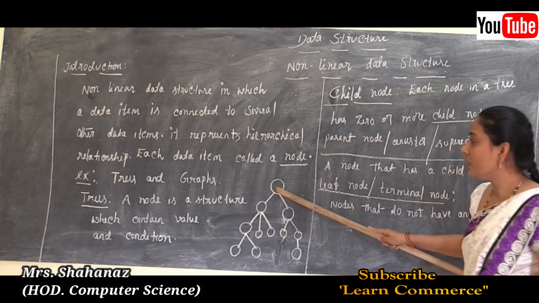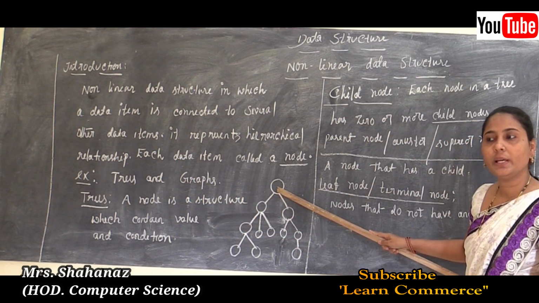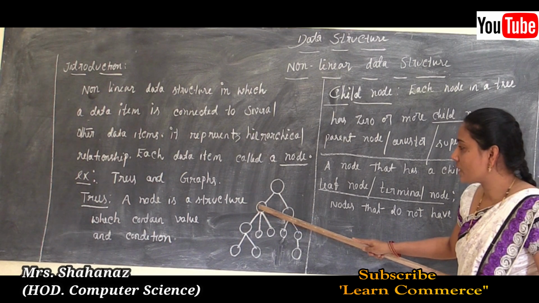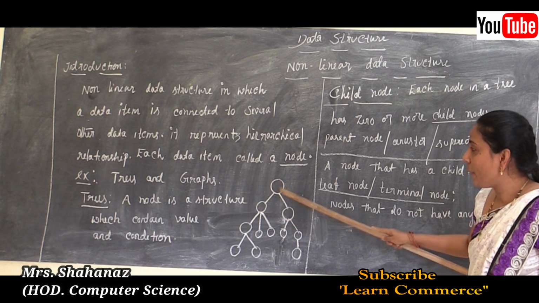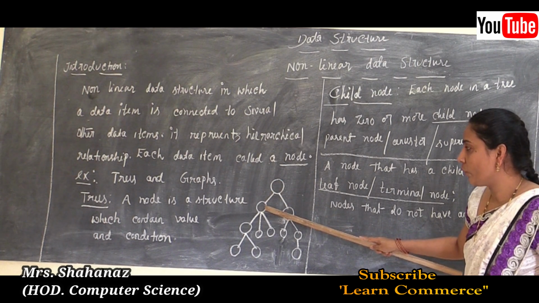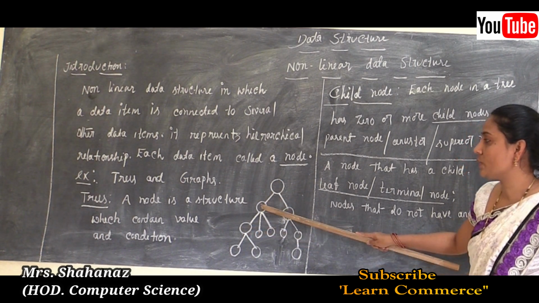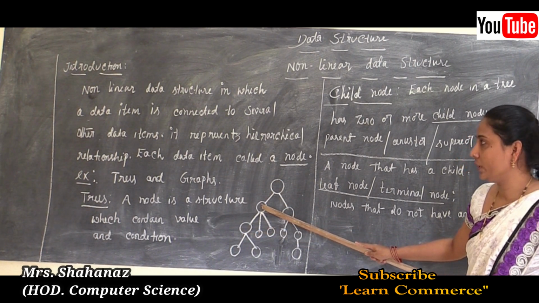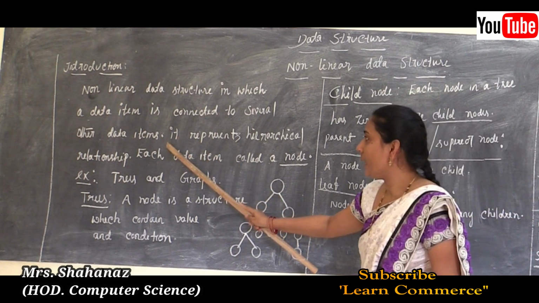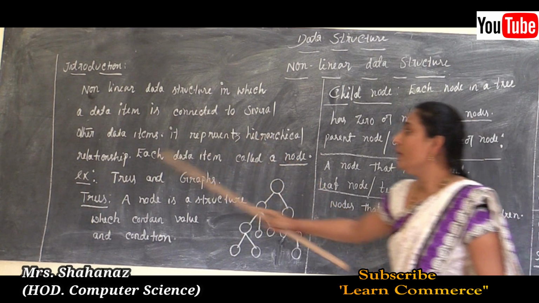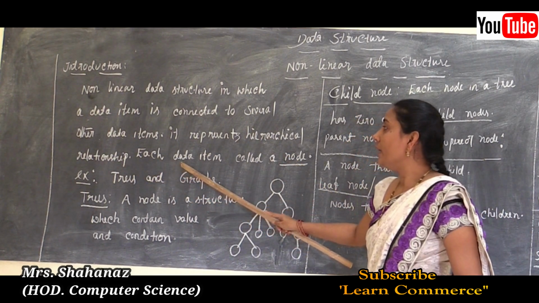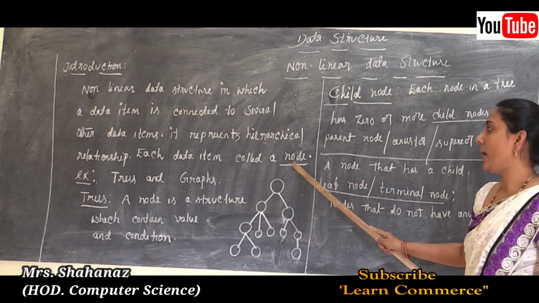That means this one is the root node and all those are the child nodes. So this is the parent node, this one is the child node, and these are the child nodes, and this one is called the parent node here. So a non-linear data structure represents hierarchical relationship, and each data item is called a node.